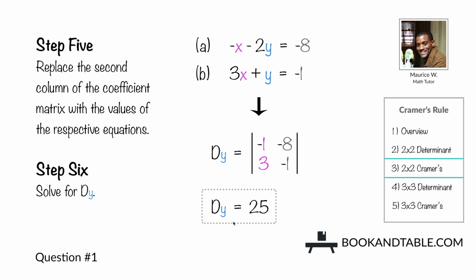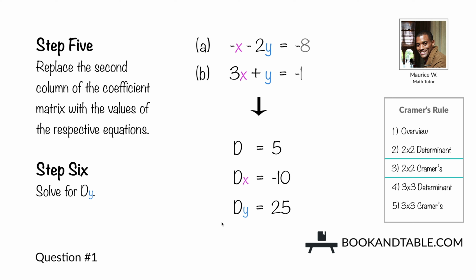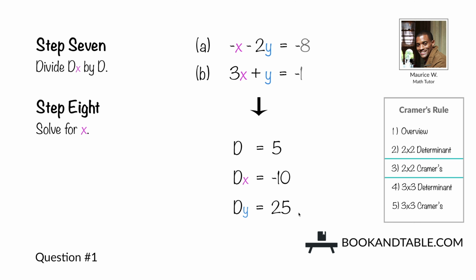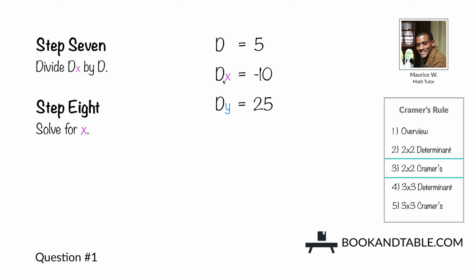So now that you have calculated d, dx, and dy, we can try to find the values of x and y. So we'll start with x. We want to divide dx, which is negative 10, by d, which is positive 5. So let's put these two equations to the side for a moment and just work with our determinants.